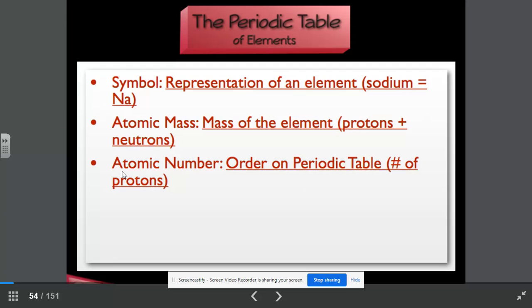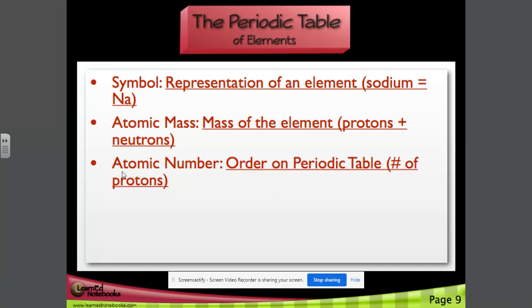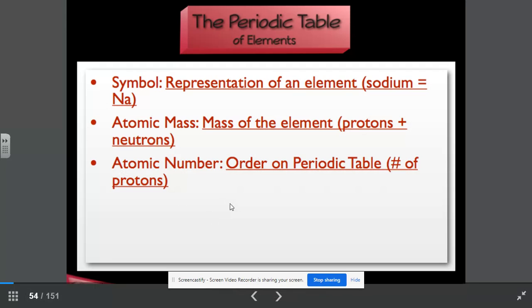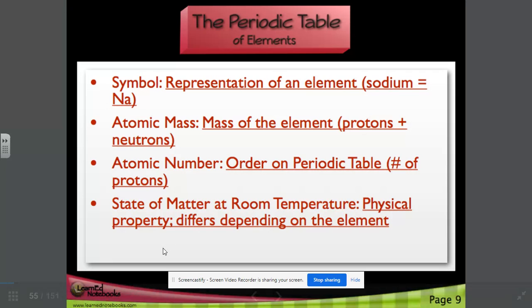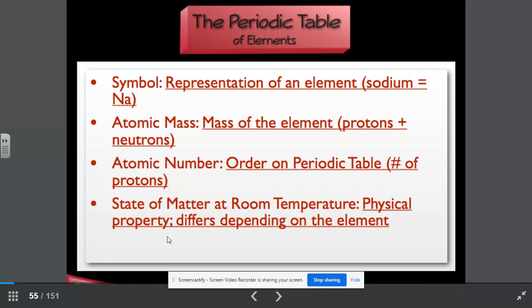You know that when you see an element and the atomic number listed, usually in the upper left-hand corner, you know right away the number of protons in the nucleus. And the state of matter at room temperature, the physical property, differs depending on the element. But remember, when we're talking about the state, we're considering it at room temperature.